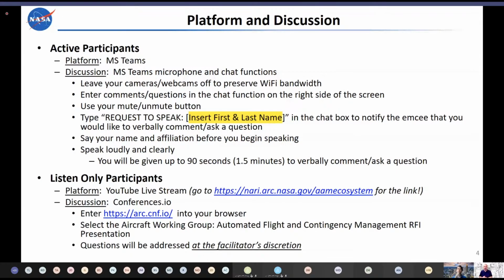We've been having these interactions for over a year at this point, and it's now getting to an officially chartered working group between the two organizations, where it's chartered at the executive level between both government agencies. So it's a very positive development.